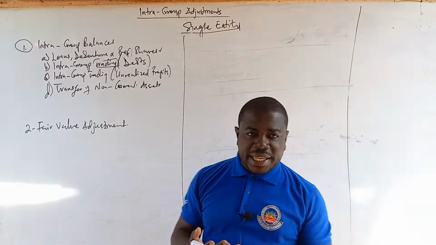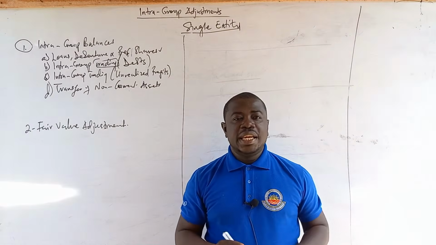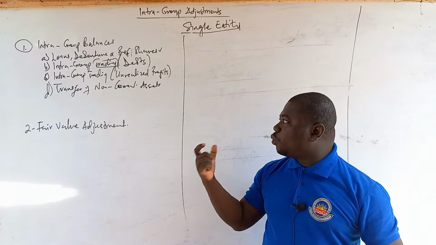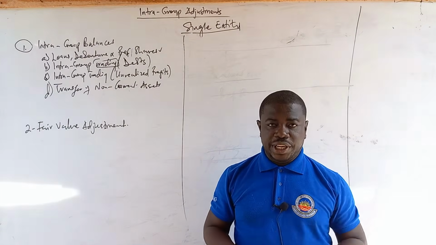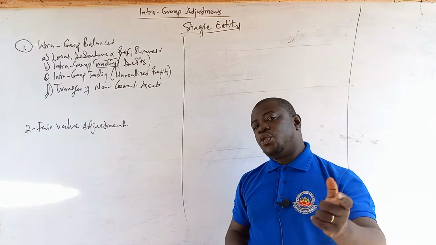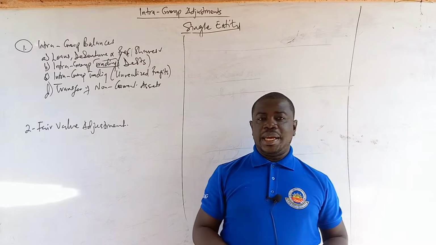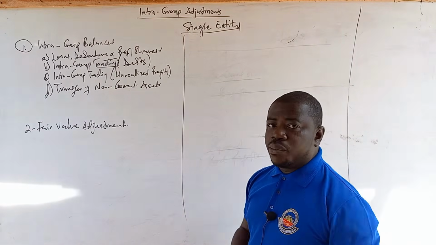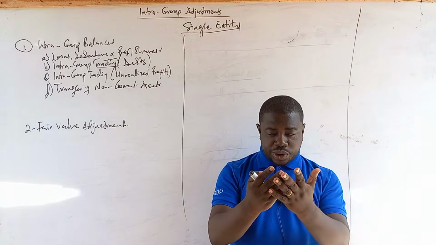And what I mean by debt is that one company is owing the other company. This time, not in the long term, but in the short term. So we are dealing with working capital issues. And most of the time, it comes up because of trading. So one company, it could be the parent or the subsidiary, is buying from the other company on credit. And it's going to create trade receivables in one company and then trade payables in another company. That is what we are trying to say.